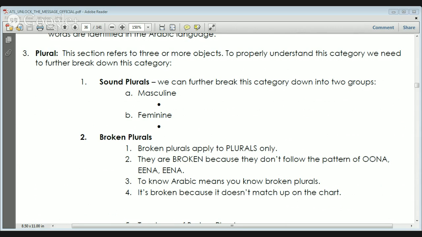We're going to memorize this today. Now the fun part of our course begins.